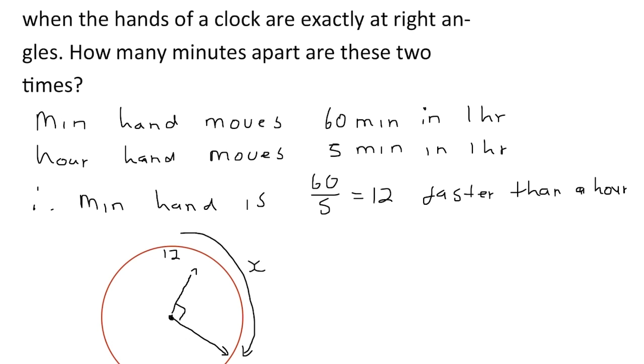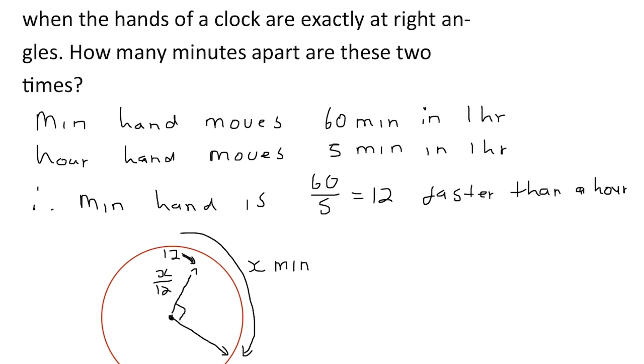Okay, so if the minute hand has moved x minutes, that means the hour hand has moved what? The hour hand has moved x over 12 minutes, because it's 12 times slower than the minute hand.